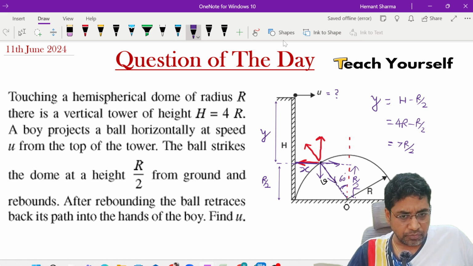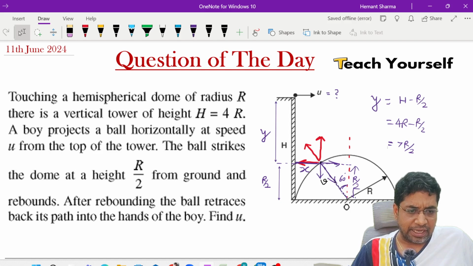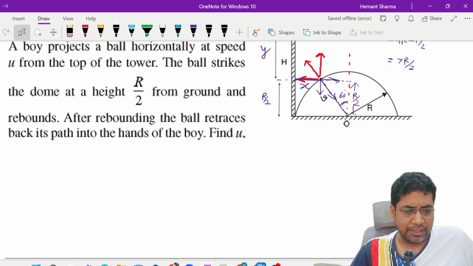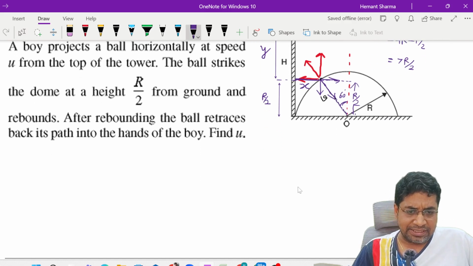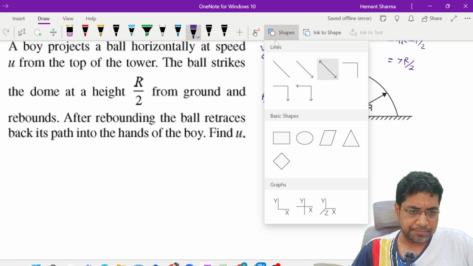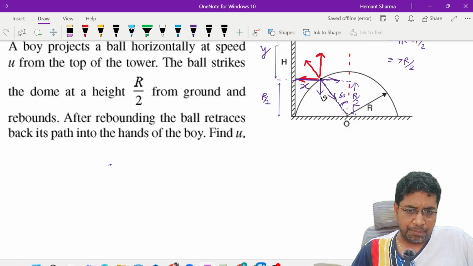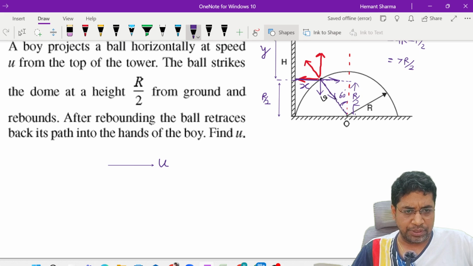Now the velocity vector, again I am redrawing over here. Let's take it as a horizontal projectile, that is, the particle starts with this particular velocity u, which is to be calculated.